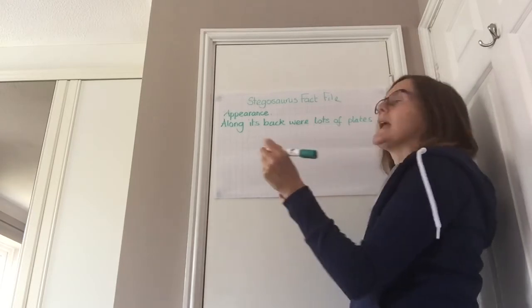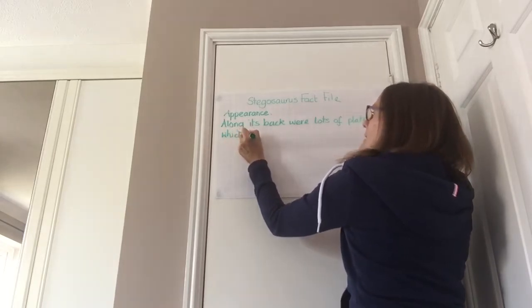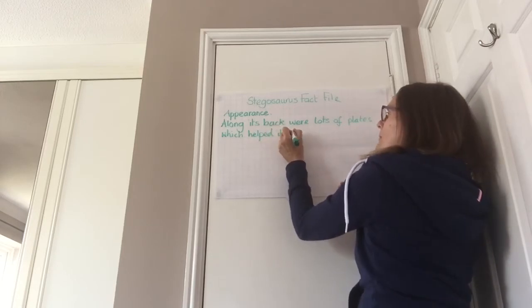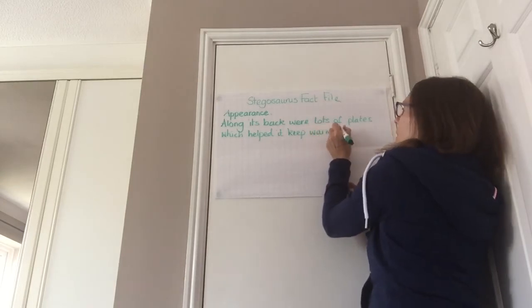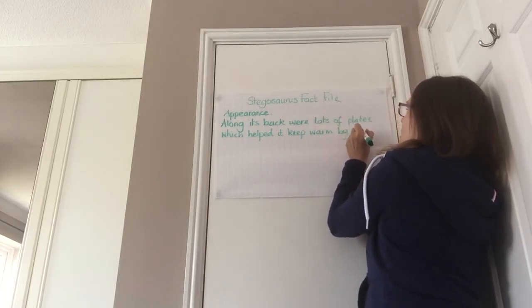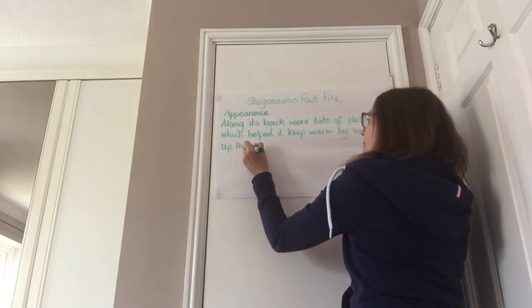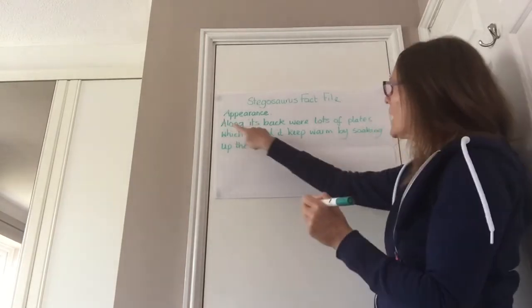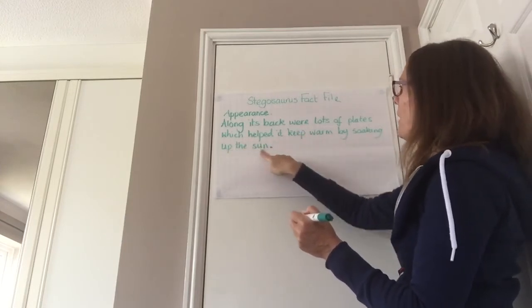Then I'm going to explain what they were for, which helped it keep warm by soaking up the sun. And I need a full stop at the end of that sentence. Along its back were lots of plates which helped it keep warm by soaking up the sun.